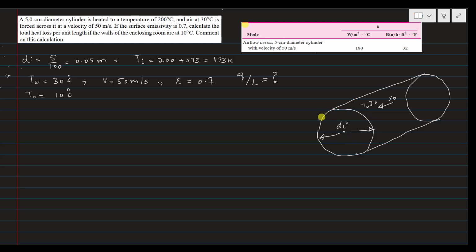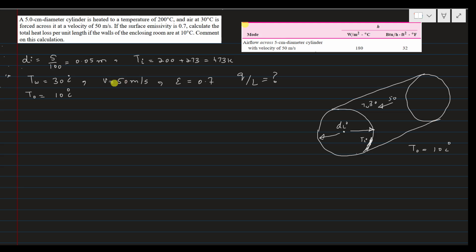Also, this cylindrical pipe is heated at a temperature Ti, let's say the inside wall temperature of this pipe, and that is 473 Kelvin or 200 centigrade, and the outside temperature is 10 centigrade. So we need to find the heat loss per unit length of this pipe.